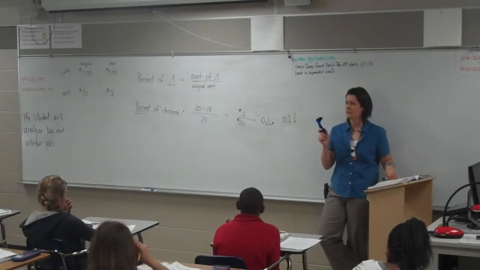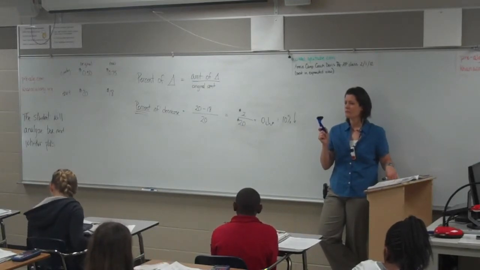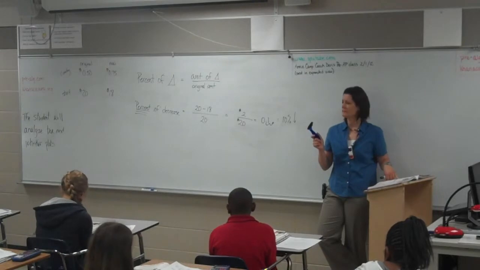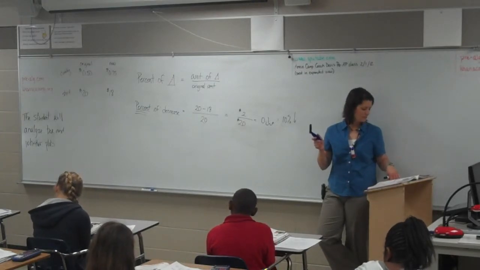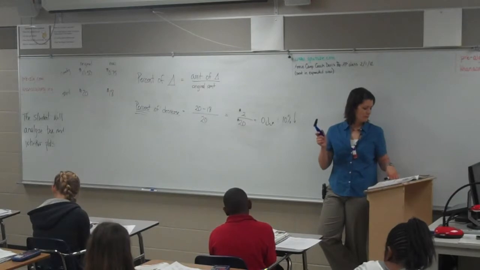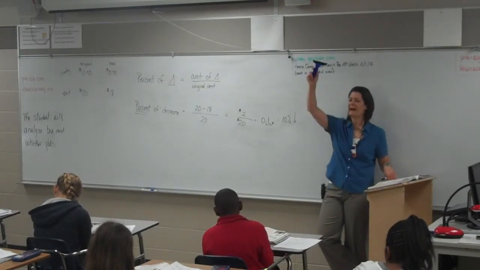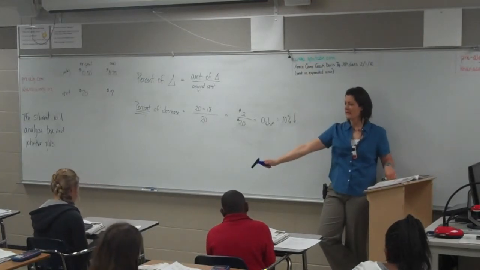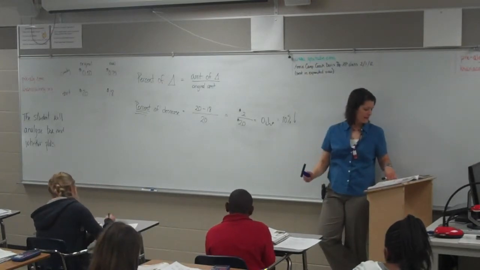Everyone participate, please. Increase. 13. Decrease. Good. 14. Increase. Good. 15. Decrease. Good. 16. Decrease. 17. Increase. Oh, what? Decrease. You went from 125 to 87. That is a decrease.